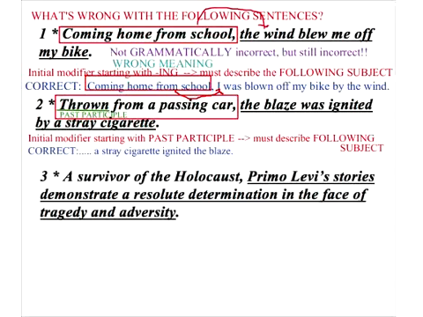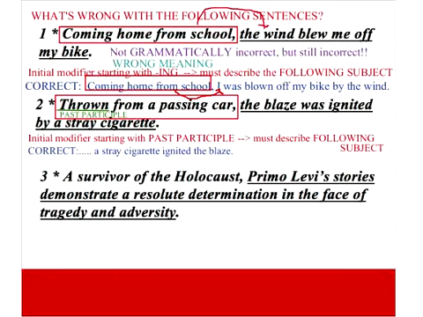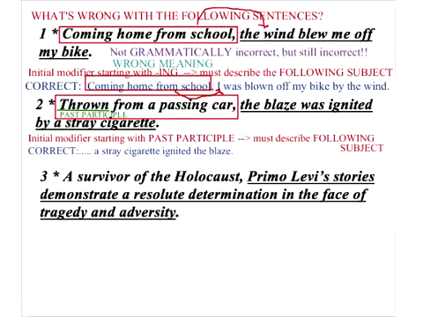Okay, here's the third one. What's wrong with this sentence? Yeah, you've got a survivor of the Holocaust. So again, we've got to figure out what the deal is here.